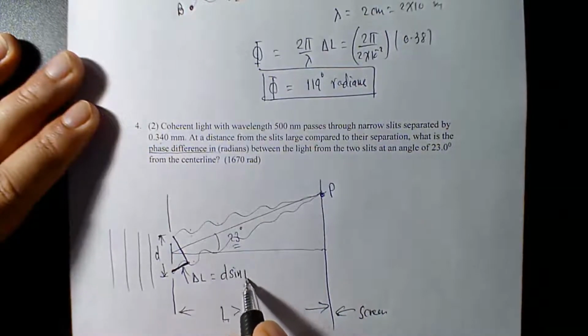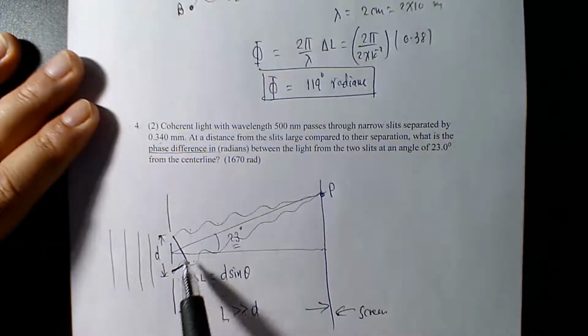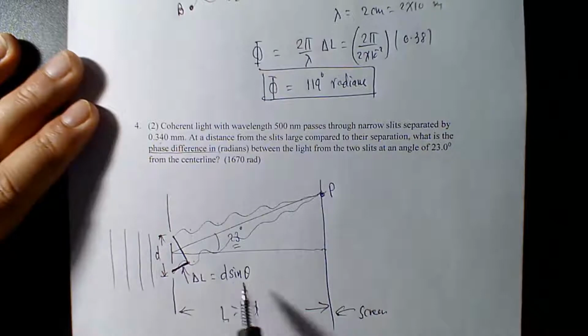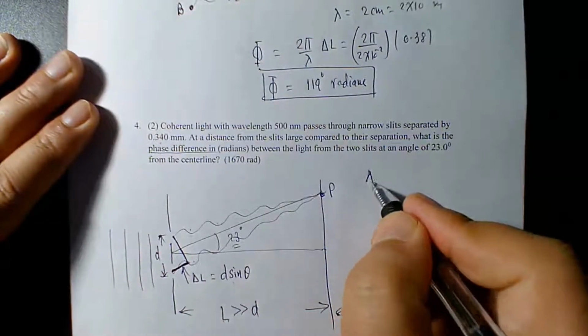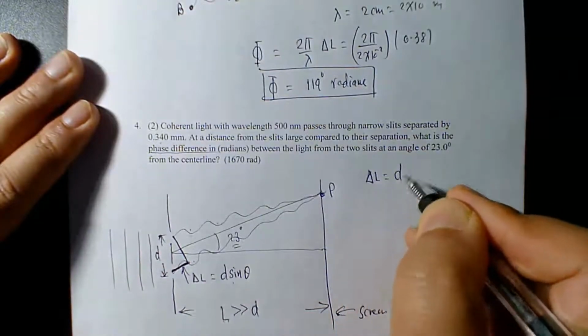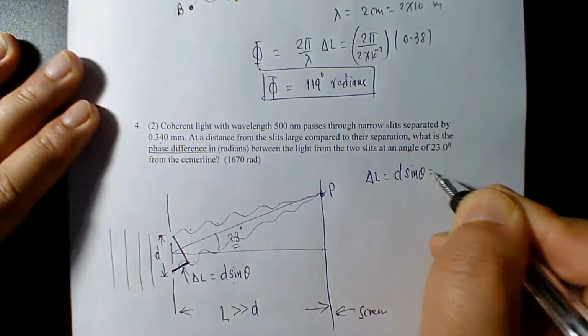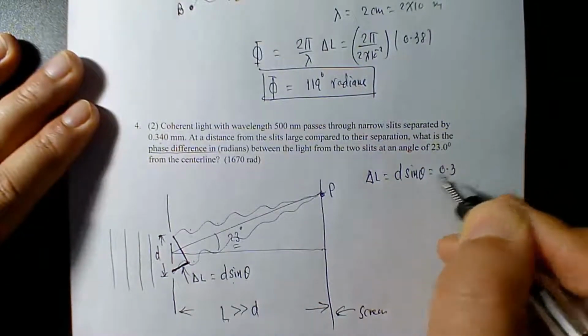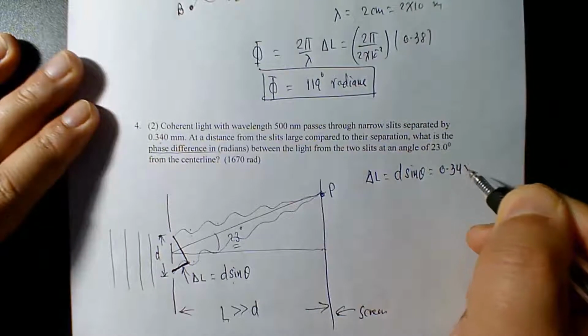You can just do trigonometry. The path difference in double slit is d sine theta. So delta L is d sine theta, and d is 0.34 millimeter.